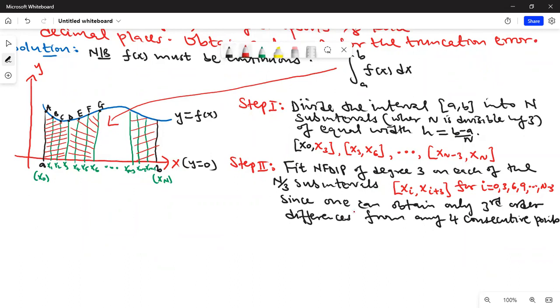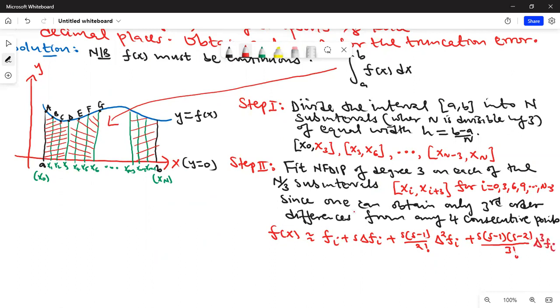So the polynomial now will be, where there is f of x, we will approximate this by fi plus s delta fi plus s minus 1 over 2 factorial, second order forward difference of fi, plus s minus 1, s minus 2 over 3 factorial, the third order forward difference of fi.